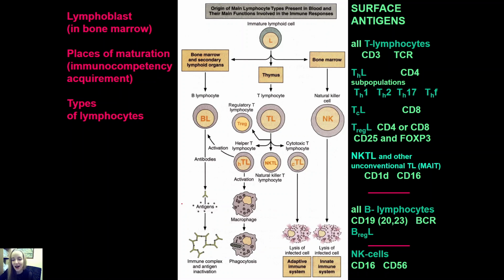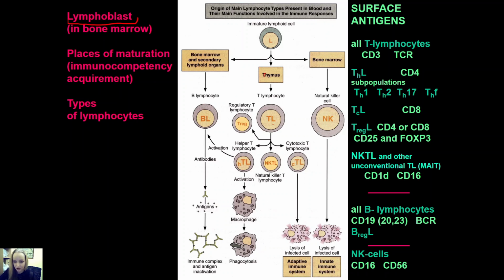All lymphocytes are made in the bone marrow from a precursor cell called lymphoblast. Based on the place of maturation, we divide B lymphocytes, which acquire immunocompetence in bone marrow and also in secondary lymphoid organs, but basic receptors are built in the bone marrow, and T lymphocytes, which acquire immunocompetence in the thymus, which is a central lymphoid organ, and also NK cells, natural killer cells, which are part of innate immunity.